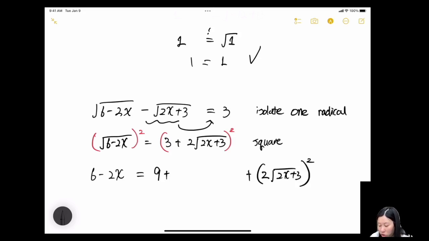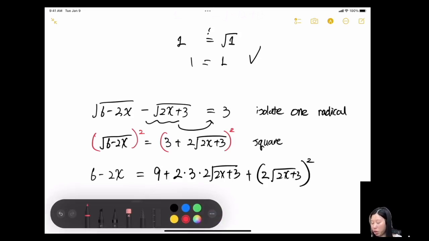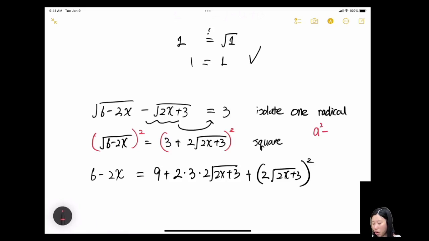No, you still need the 2 times 3 times the square root of 2x plus 3. Because the perfect trinomial, remember, is a squared plus 2ab plus b squared equals a plus b squared. There's a 2ab, which is here, 2 times a times b.